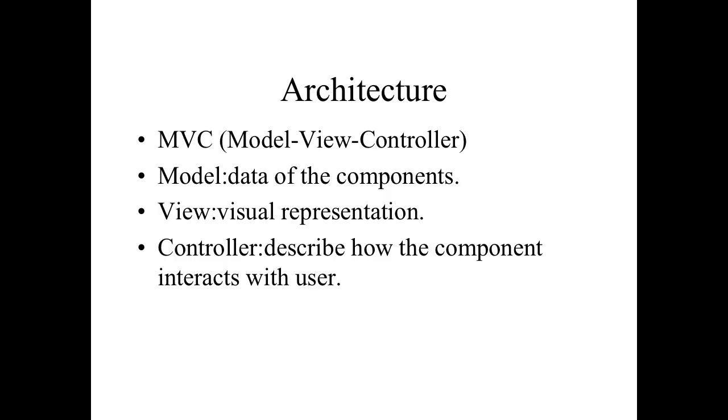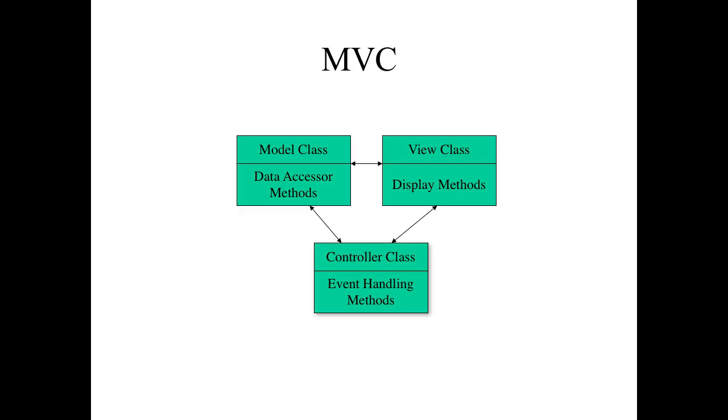The view can act as the controller, so you can interact with the table. The model is observable, which means the view class has to be updated when the model gets changed. The controller can change the model, and we can have interaction between the controller, the view, and the model.